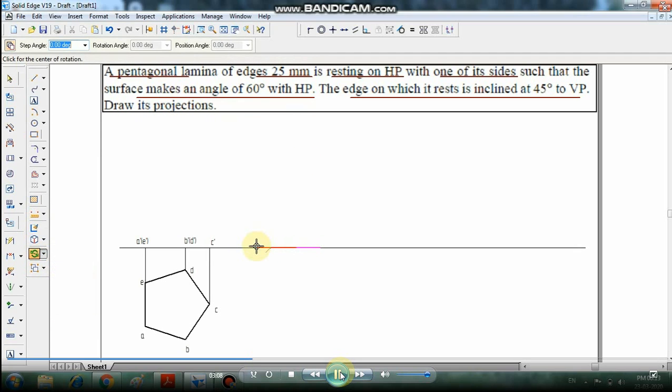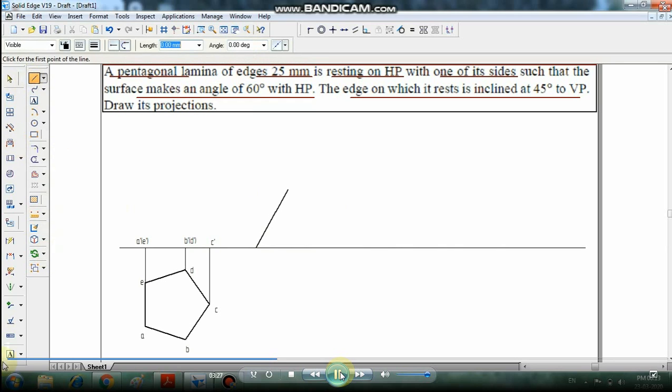Rotate the element, select the center of rotation and we can go for the rotation. The angle is 60 degrees. Switch off copy so that we can rotate directly.